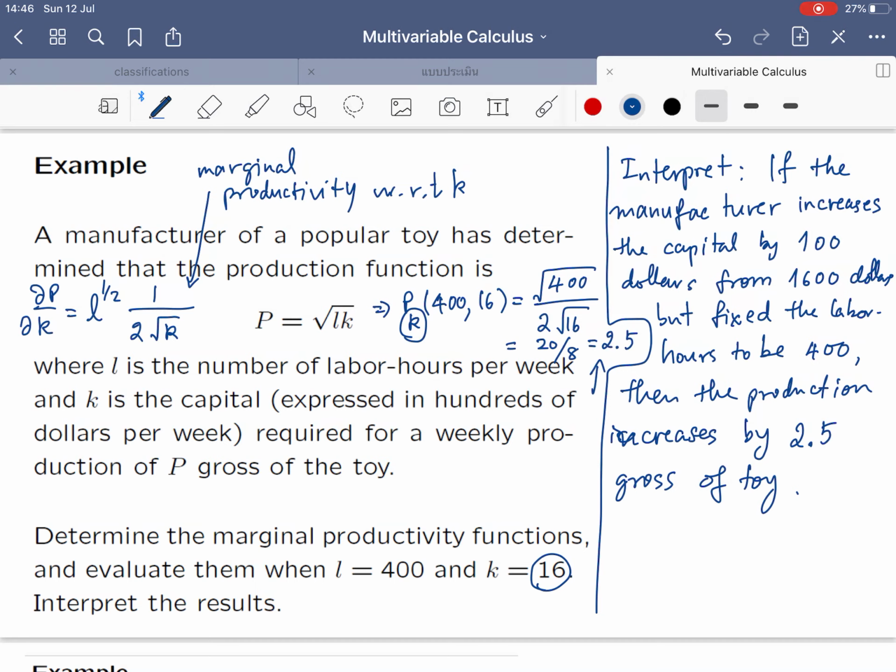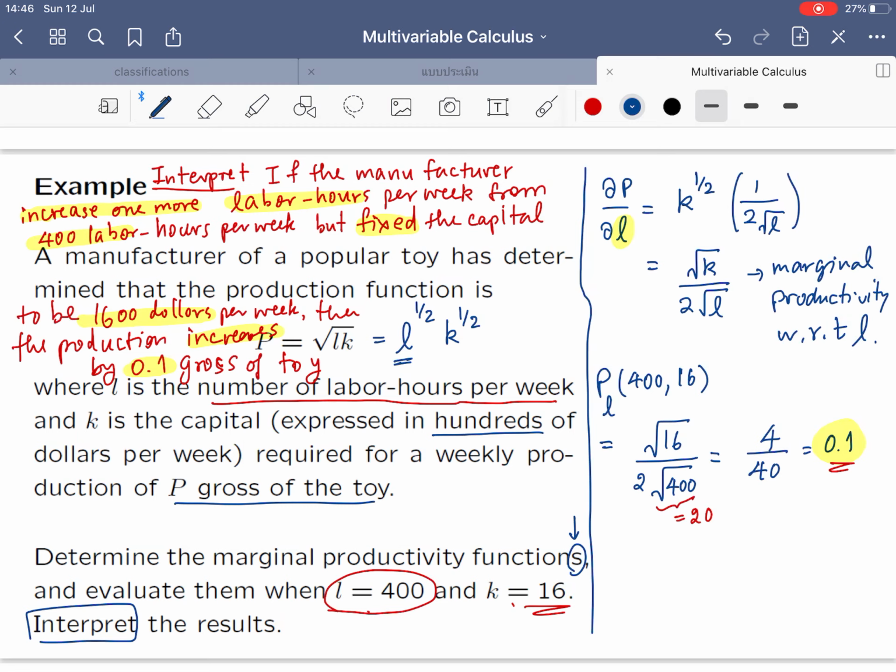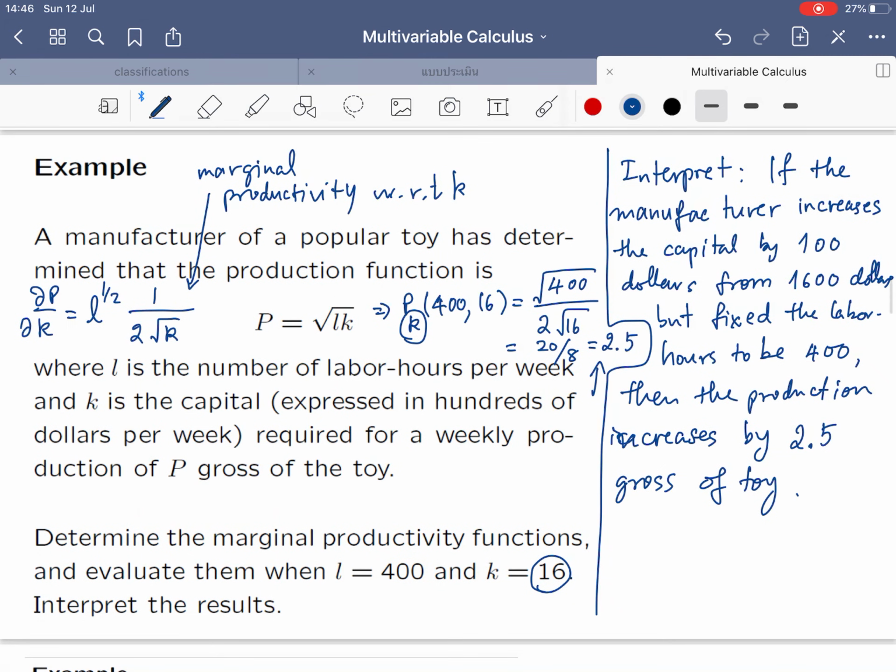Okay, then if you are the manufacturer owner, you can decide which one to increase, right? If you increase the labor hour, then the production will increase by this much. But if you increase the capital, then the production will increase by this 2.5.